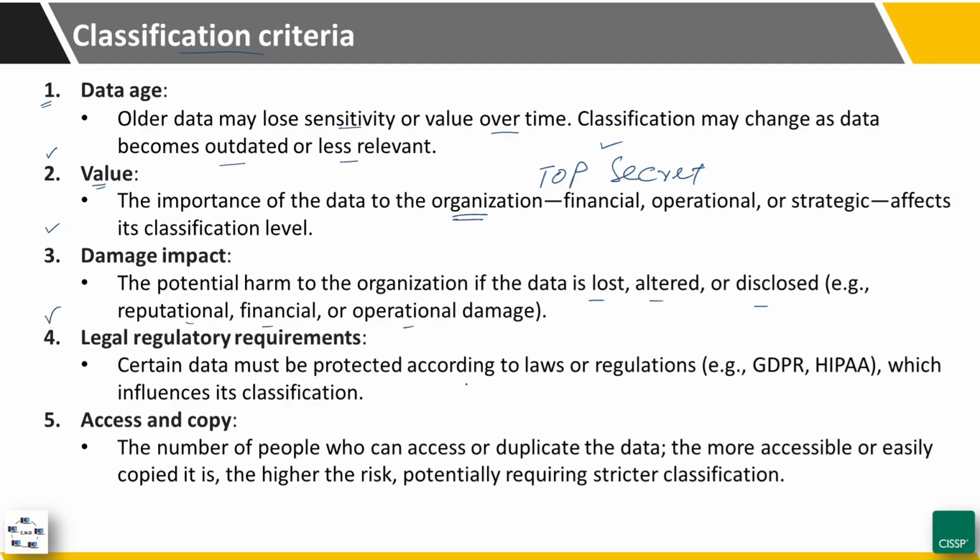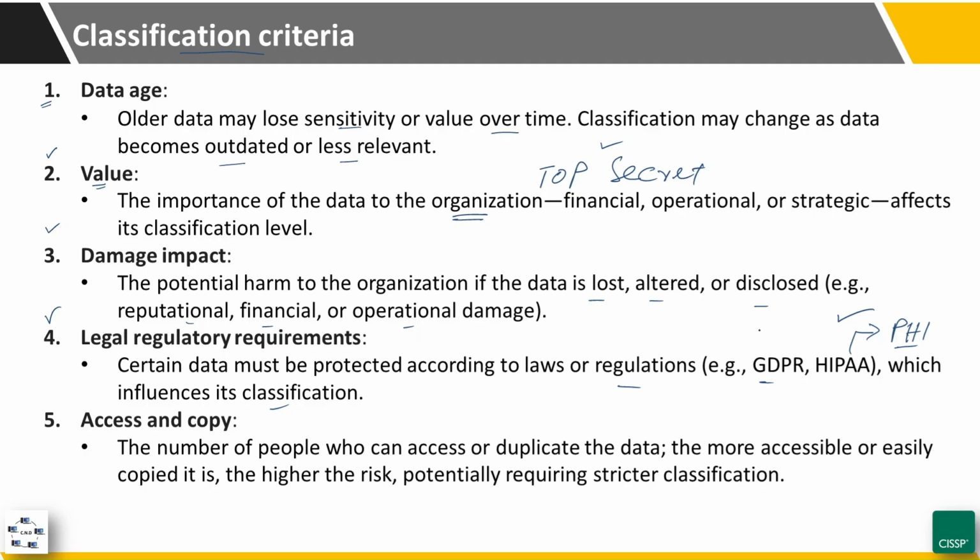Next thing is the legal and regulatory requirements. Certain data must be protected according to laws or regulations such as GDPR and HIPAA, which influence its classification. For example, in the US, PHI data, or patient health information, must be kept confidential according to this law. It is obligated through this law that PHI data is kept confidential and undisclosed.